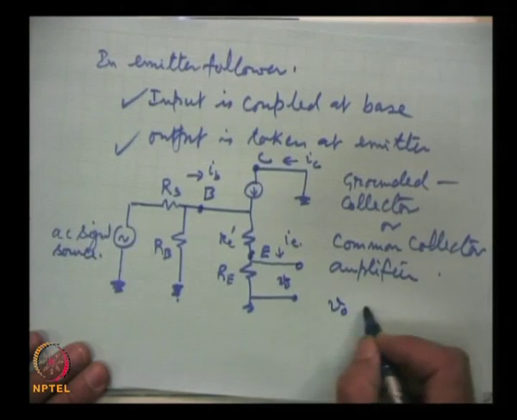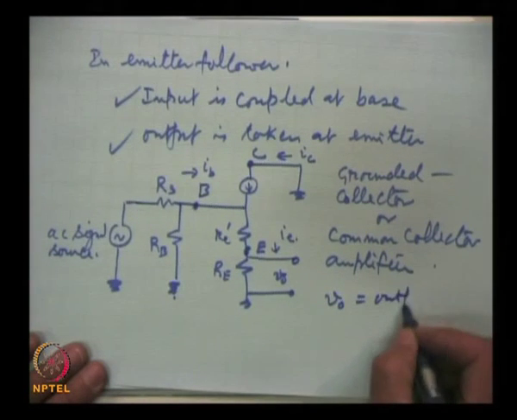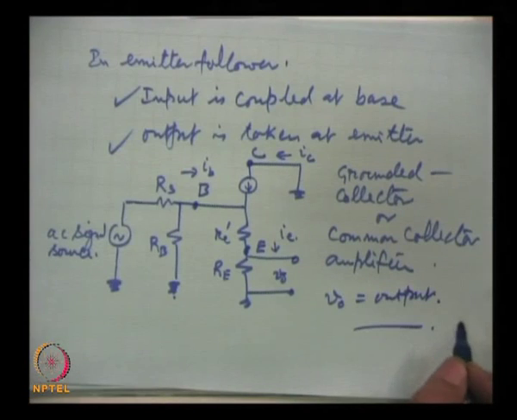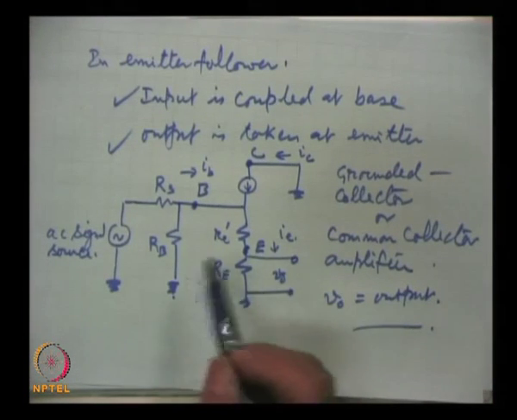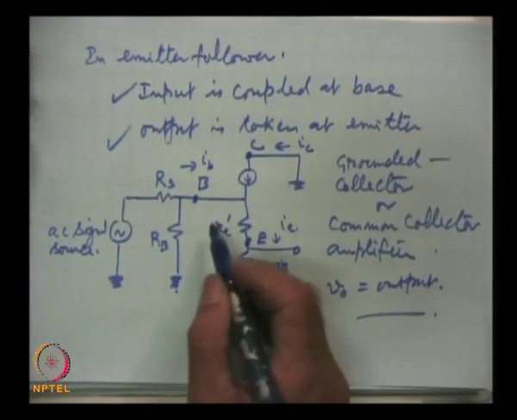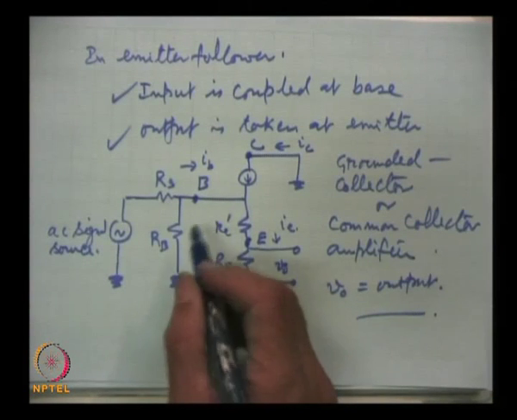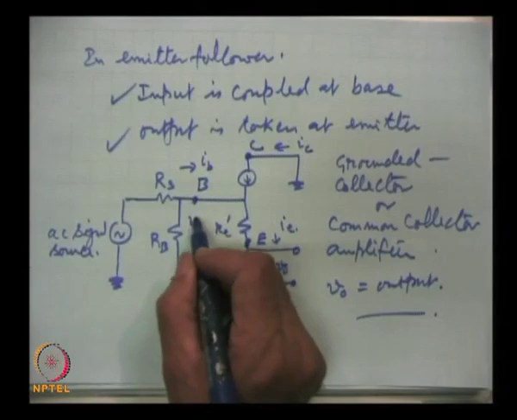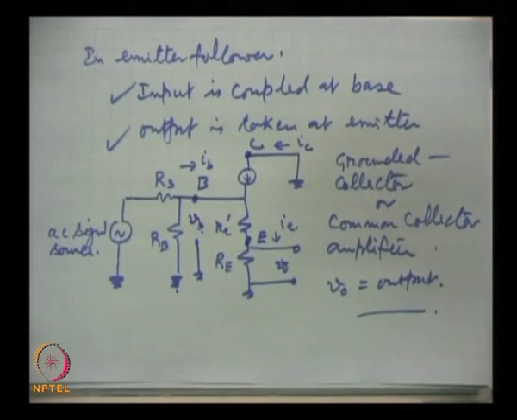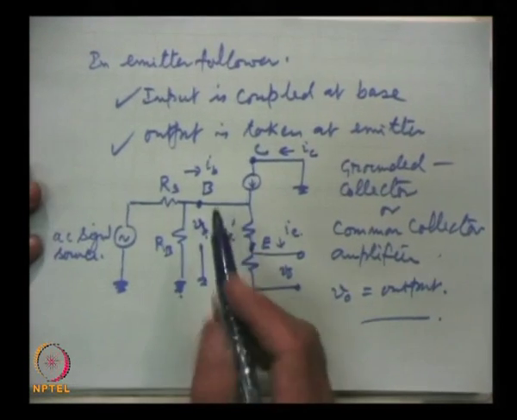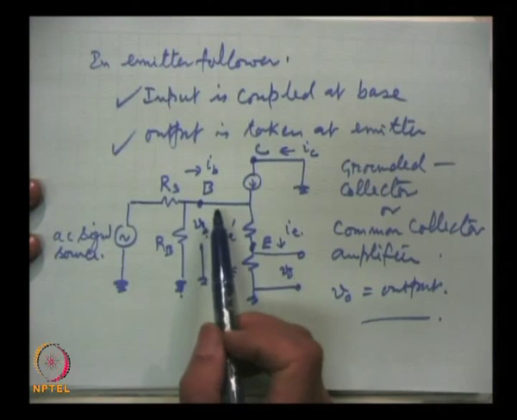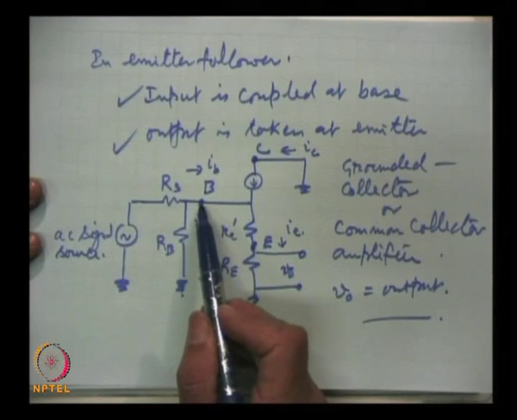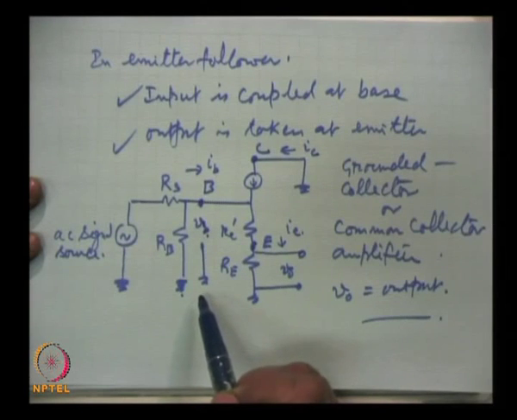V 0 is the output. Now, as far as the input goes, this voltage is V B. What is the potential at which the base terminal of the transistor is with respect to ground?